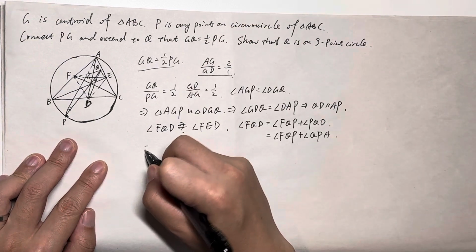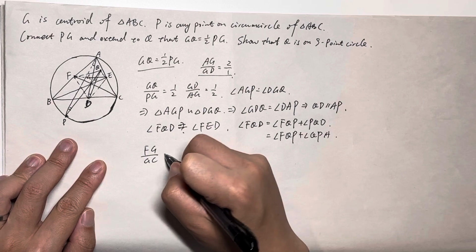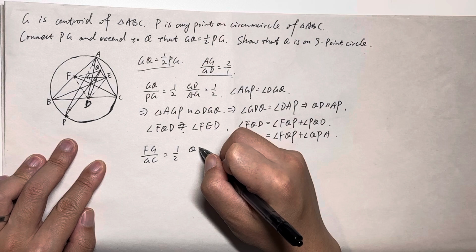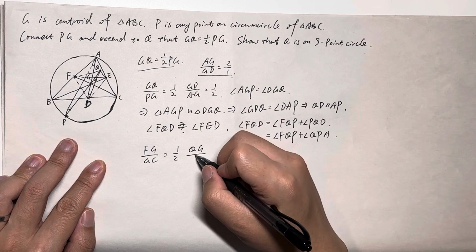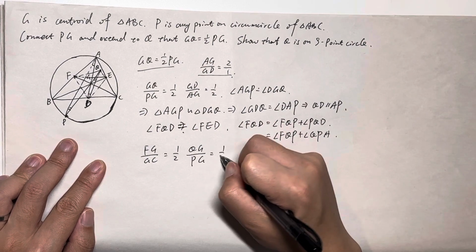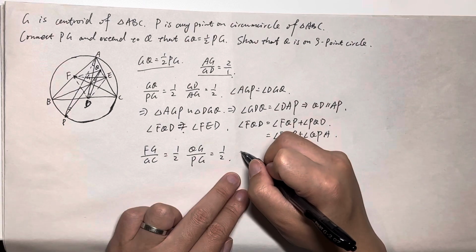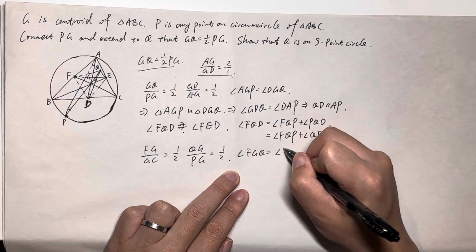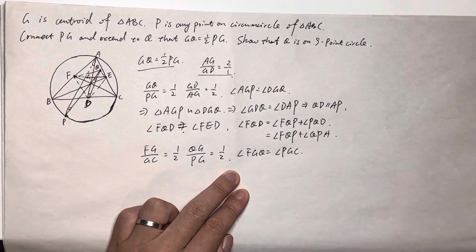So FG to GC equals 1 to 2, QG to PG equals 1 to 2, and also angle FGQ equals angle PGC.